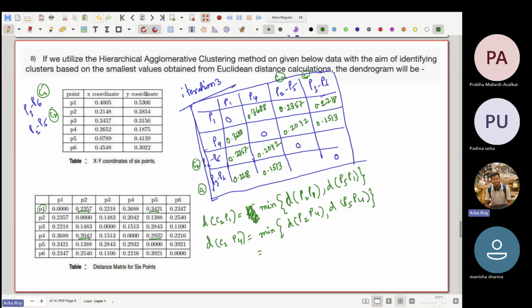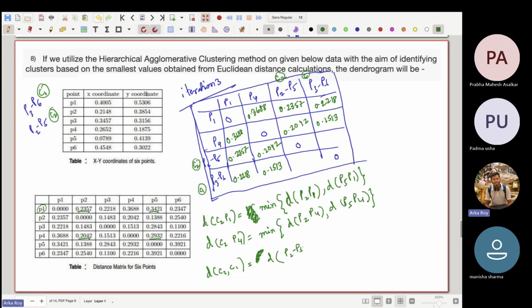Now in this case, the problem is you have to calculate the distance between clusters, right? So that means you have to calculate distance between C2 to C1. So if I just expand this particular thing, C2 means what?